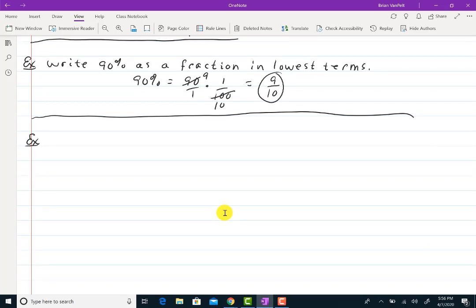For my next one, let's write 225% as a fraction in lowest terms.